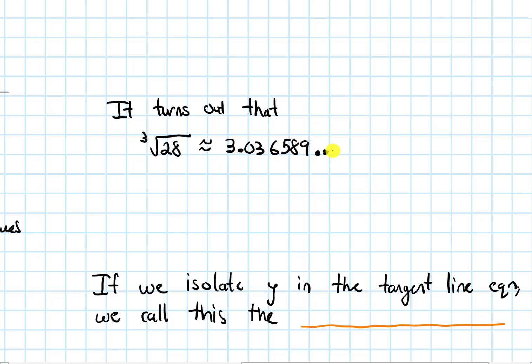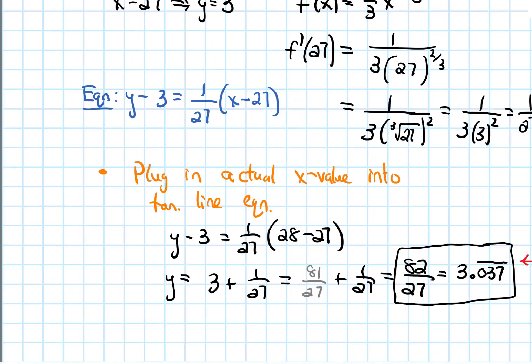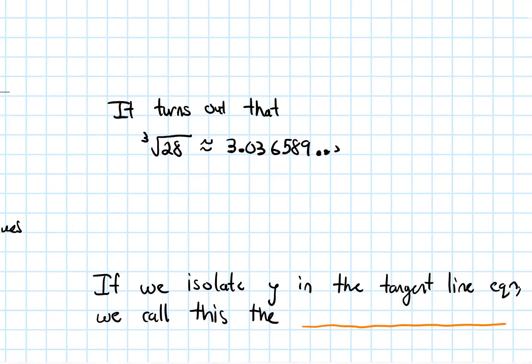So I'll put a dot, dot, dot, because it does go on forever and it doesn't repeat. This is going to be some irrational number. And if I compare that to our approximation, which was 3.037, and the 037 is repeated, that is super close. So we were pretty close here.